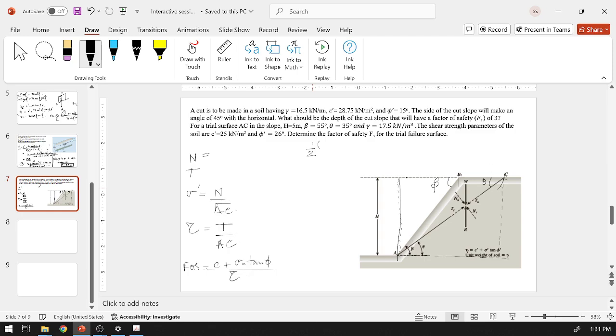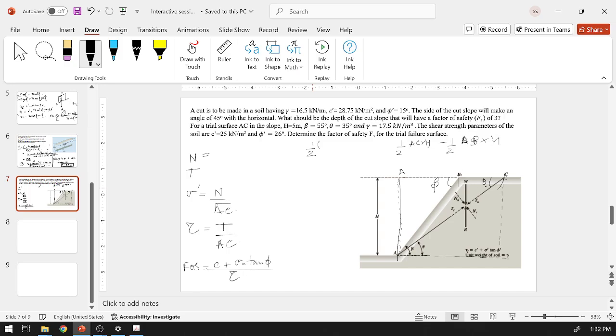So if we take the weight of this wedge, it will be half of AC into H minus half of AB into H, because we want to subtract this triangle.